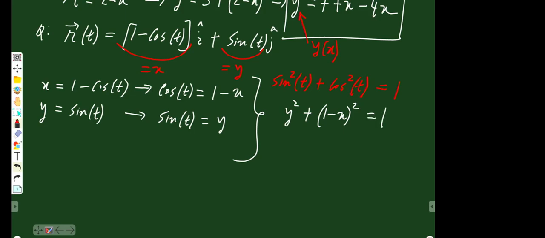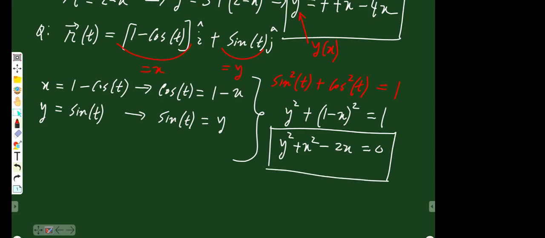The answer would be y squared plus x squared minus 2x is equal to 0. That's the equation of the trajectory. That's all good.